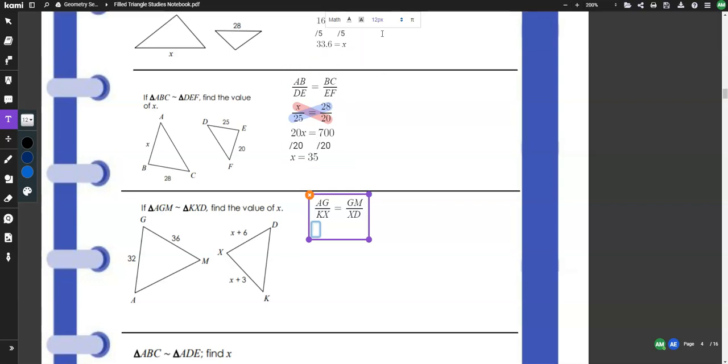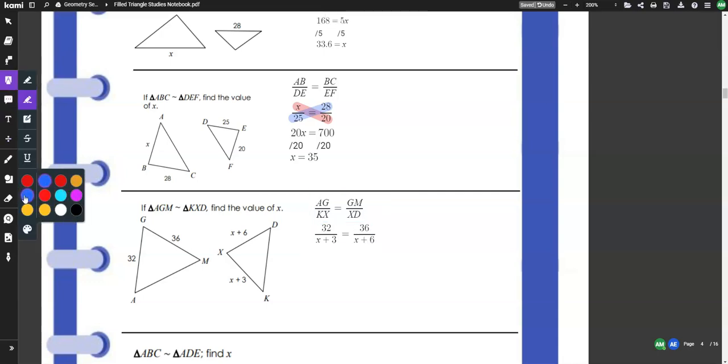So AG is going to be 32 and KX is x plus 3, and that's going to be equal to 36 over x plus 6. And we're going to go ahead and cross multiply just like we have been.